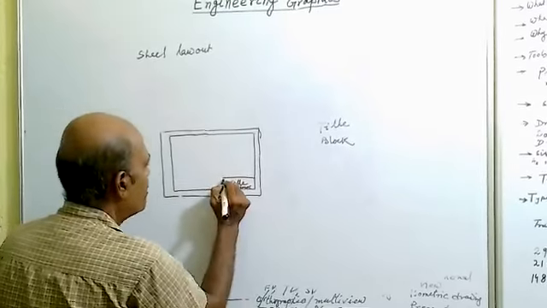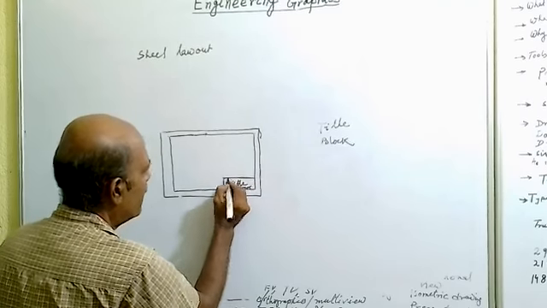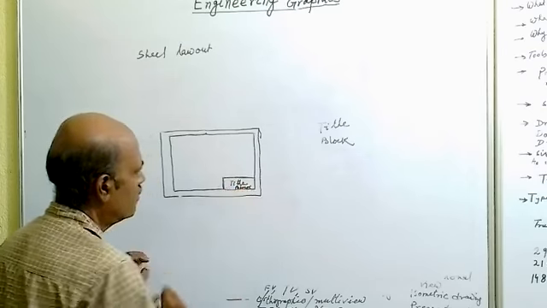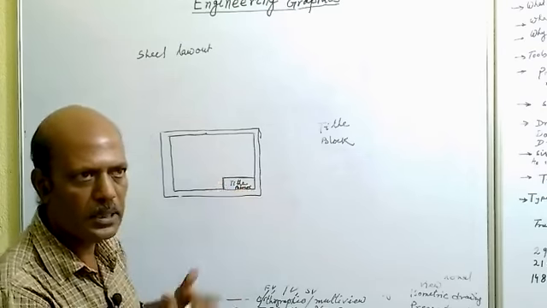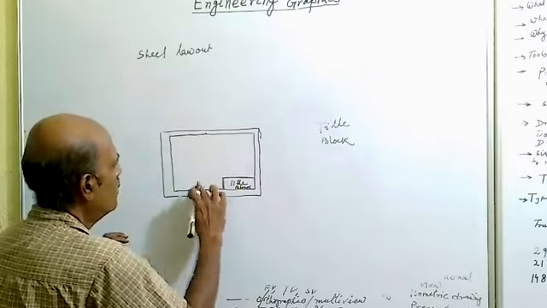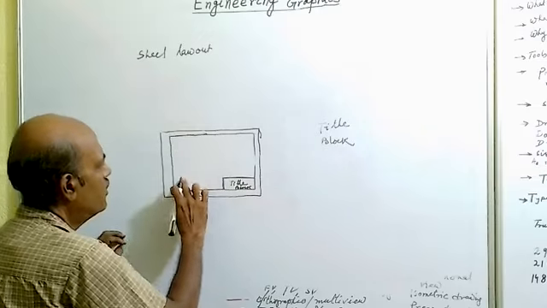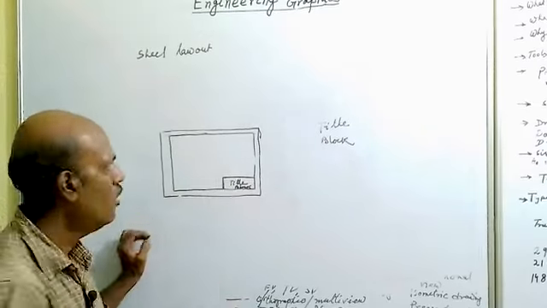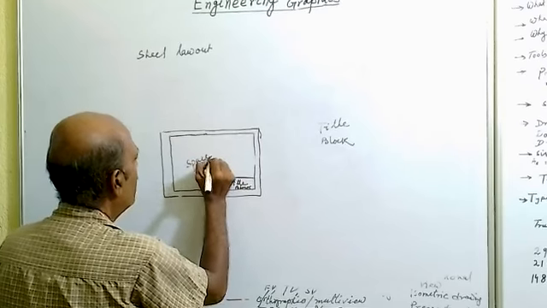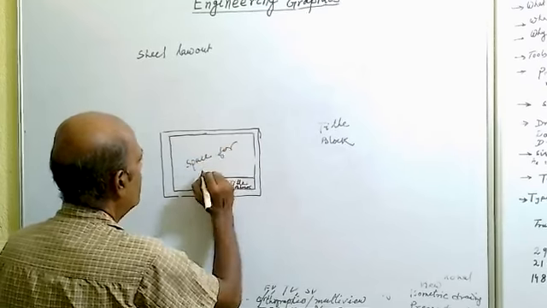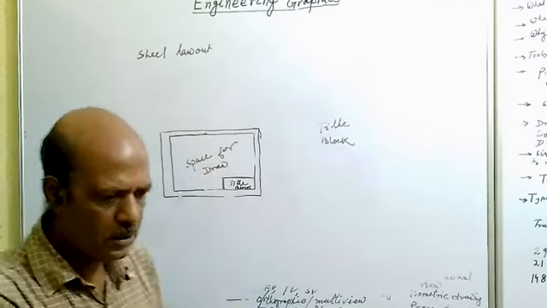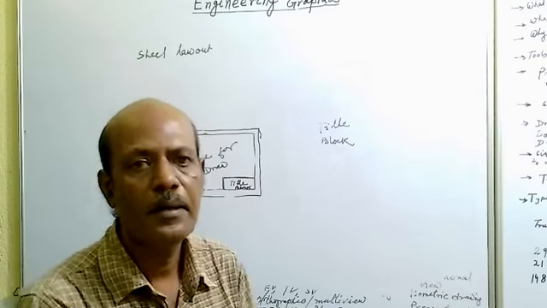So we will not draw any drawing in this space, as it will contain the information related to drawing, and the rest portion is the space for drawing. Whatever we want to draw, we have to draw in this space. Now we will see the title block separately.